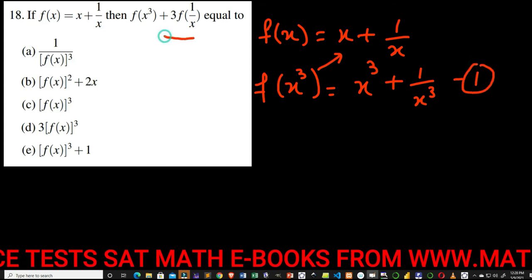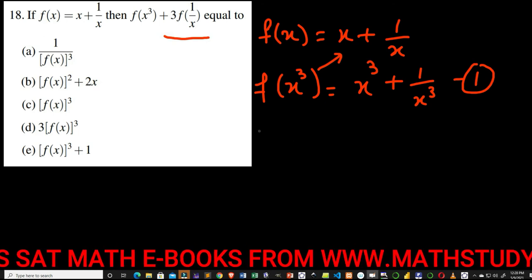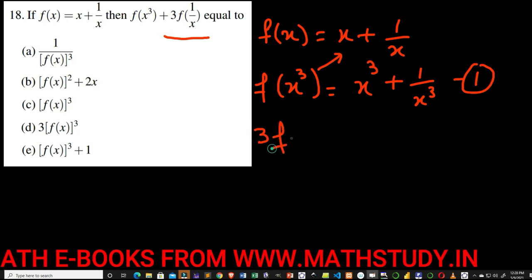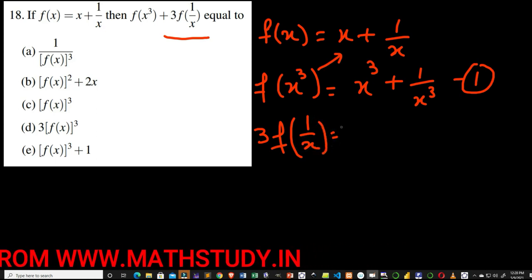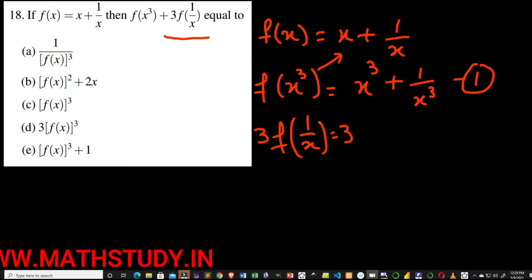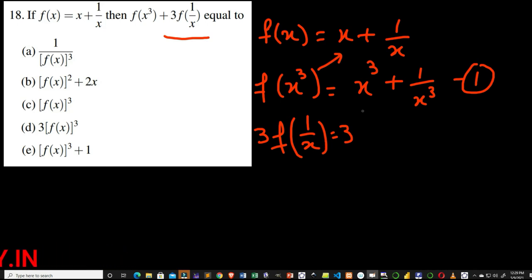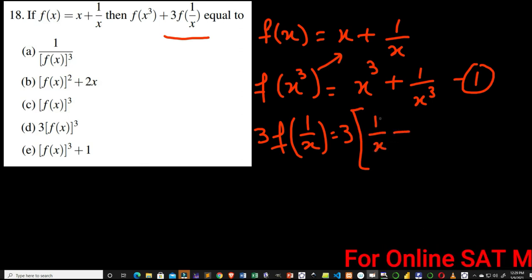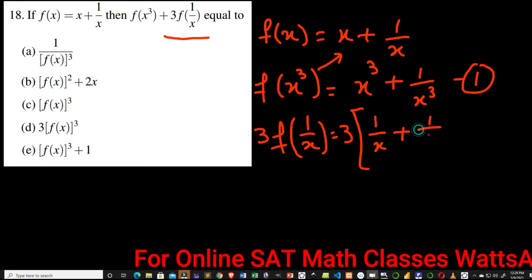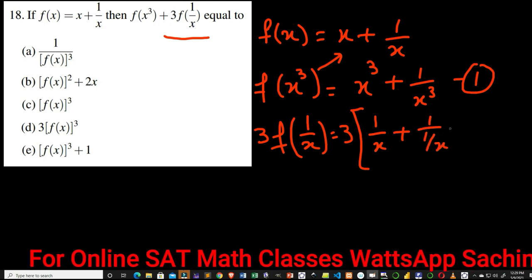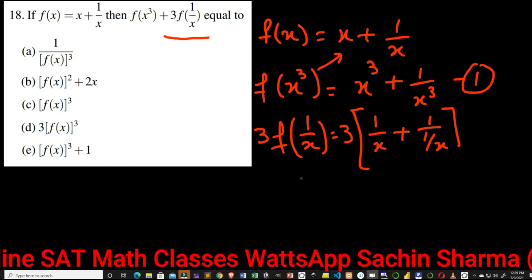Now in the second case, thrice of f of 1 by x, we have to replace x with 1 by x. So thrice of 1 by x plus, in place of 1 upon x, it will become 1 upon 1 by x, then this x will go in the numerator.